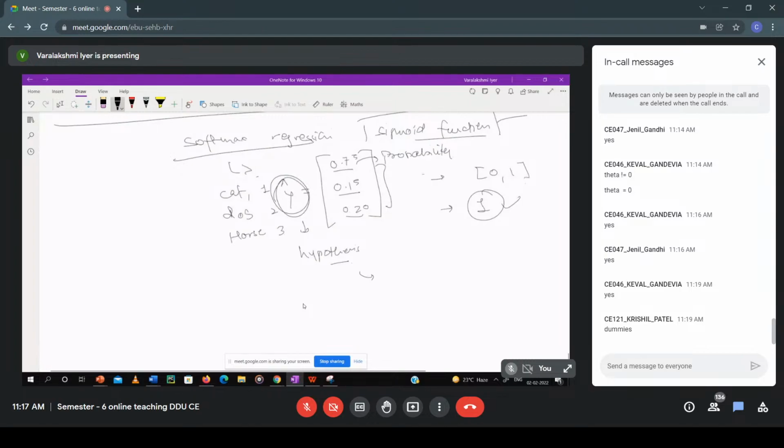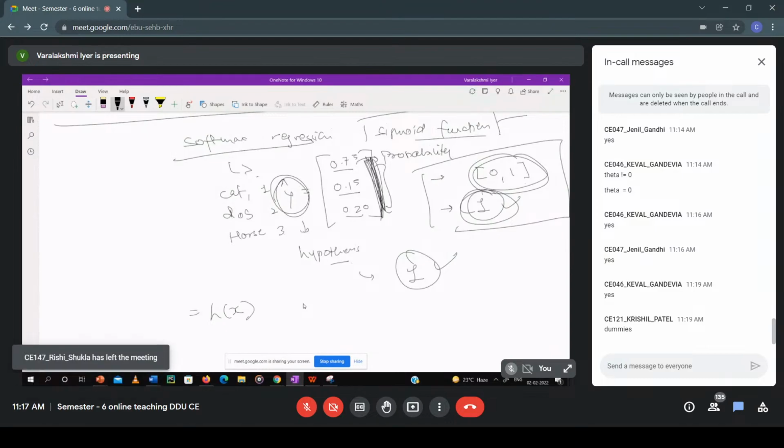So the property that it should follow is that it should always be between 0 and 1, and the summation of all these 3 hypothesis values should be equal to 1. For example, your hypothesis function in the case of softmax regression is equal to e raised to zi upon summation of i equals 1 to c e raised to zi.